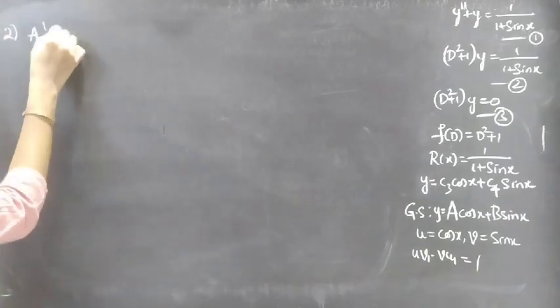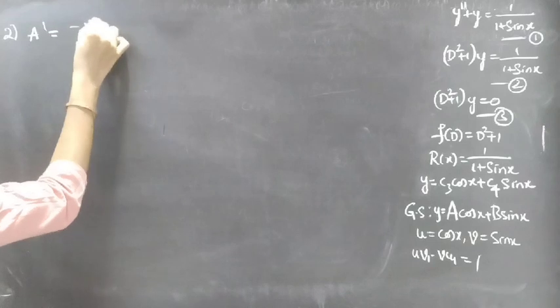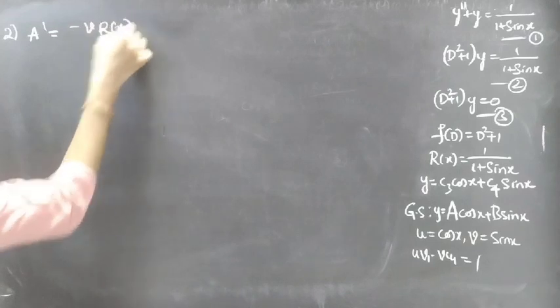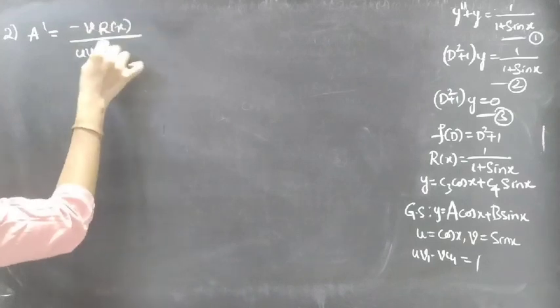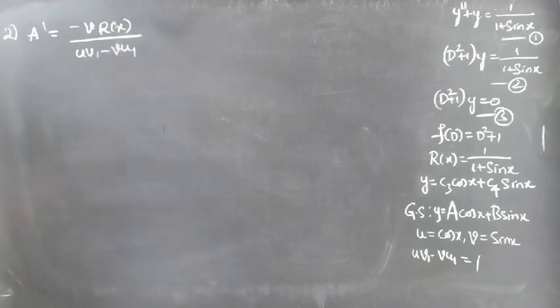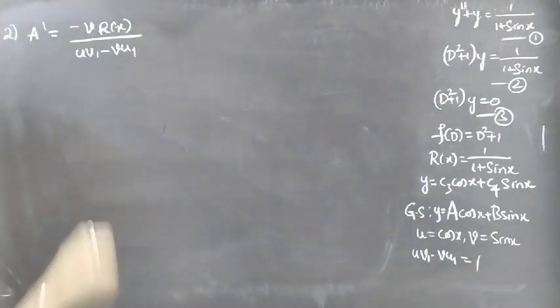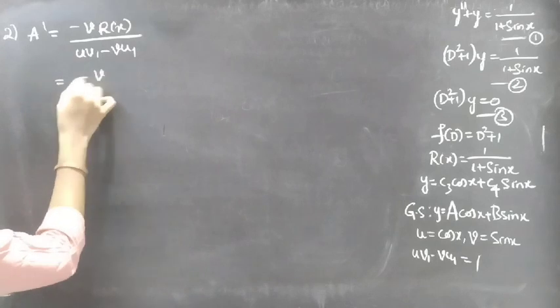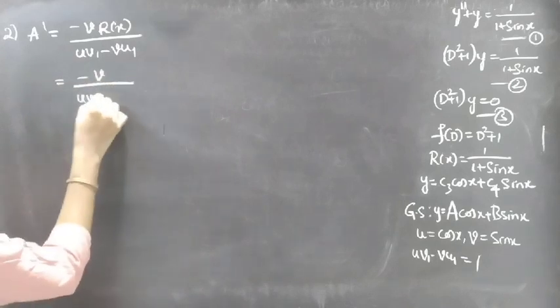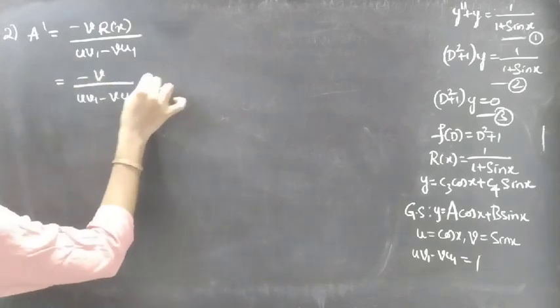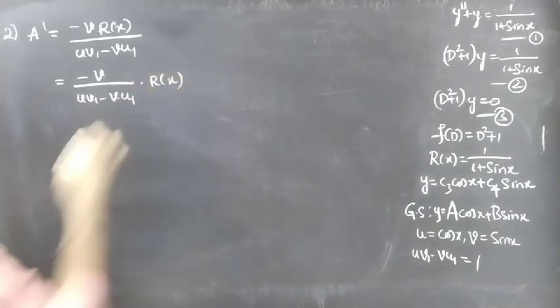We'll find A dash using the formula minus v by uv1 minus vu1 into r of x. So we are having r of x equals 1 by 1 plus sin x, which is a fraction. So we'll just write the formula as minus v by uv1 minus vu1 into r of x for our convenience.